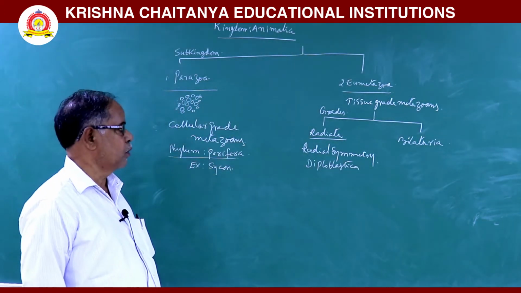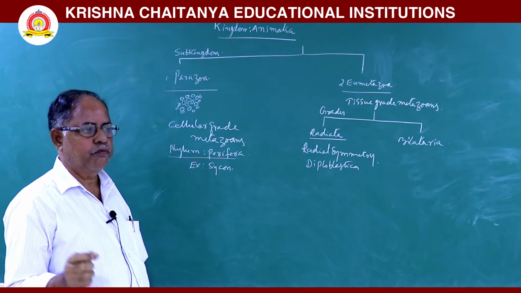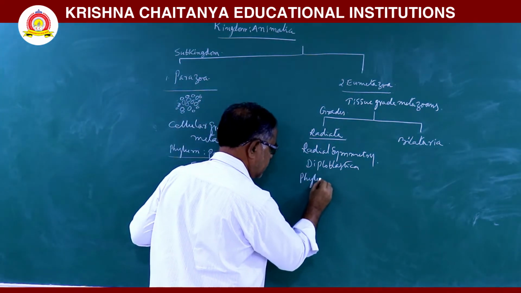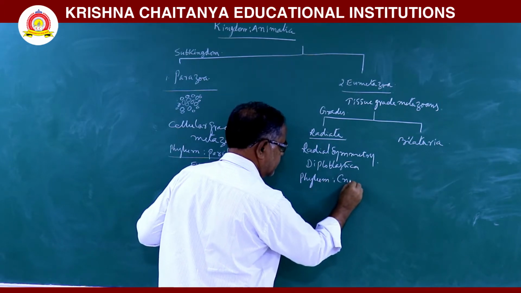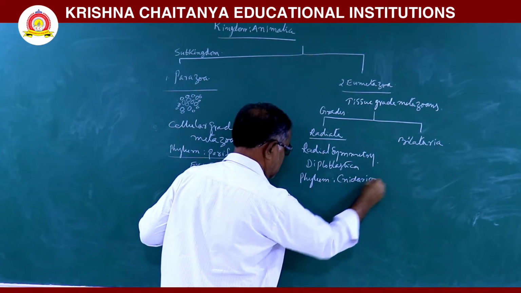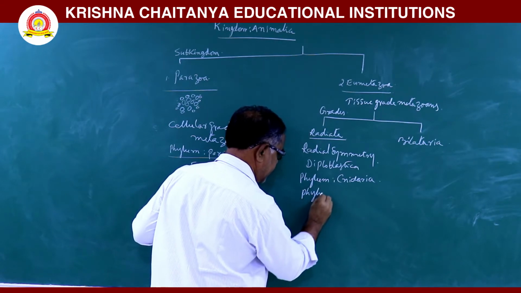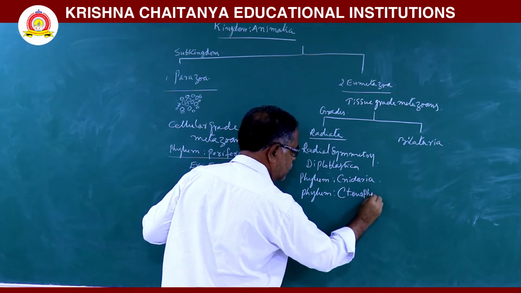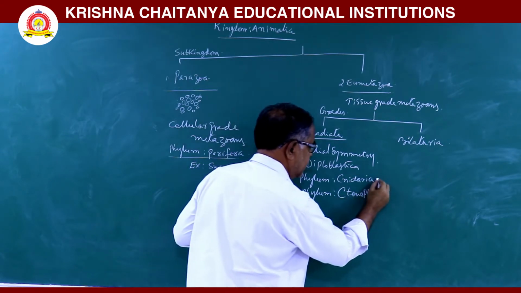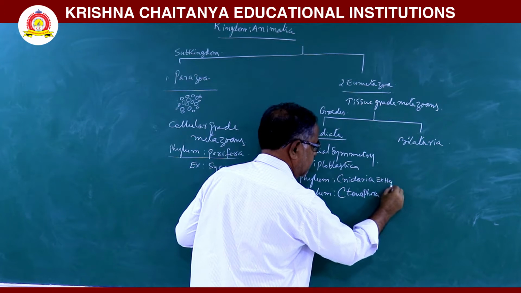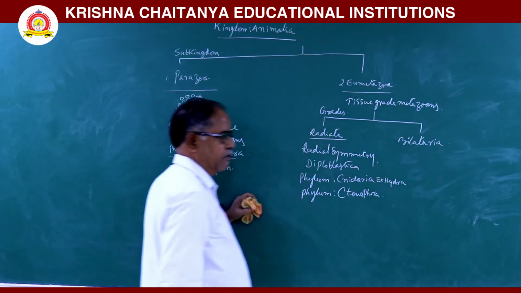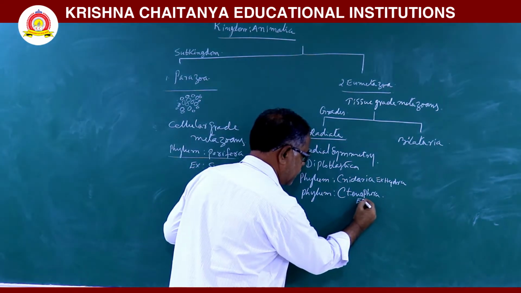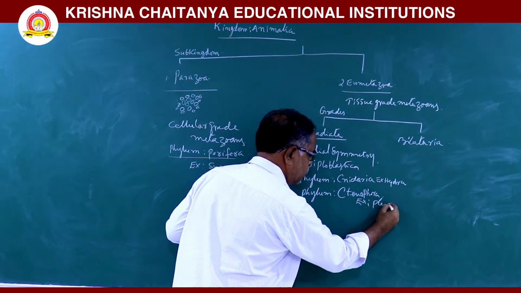In this Diploblastica, two phyla are included. One is phylum Cnidaria, and second one is phylum Ctenophora. Examples for Cnidaria are Hydra, Obelia, Physalia, Velella, Porpita, like that. Next, Ctenophora, example Pleurobrachia.